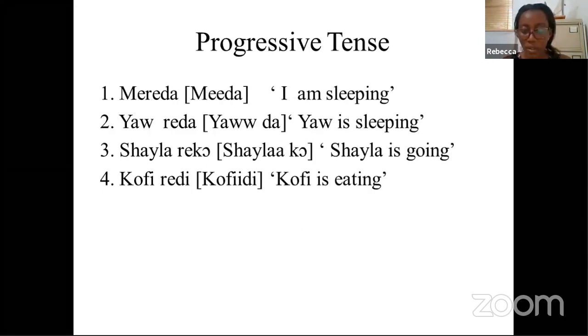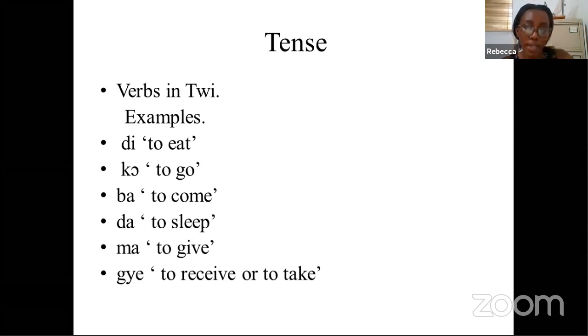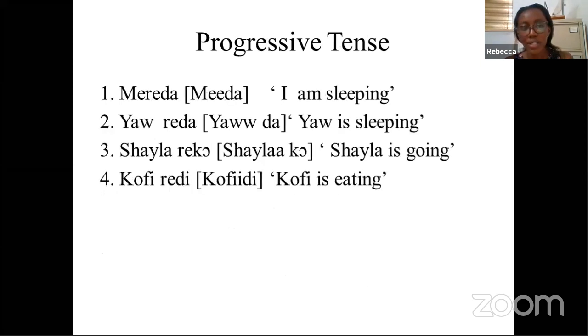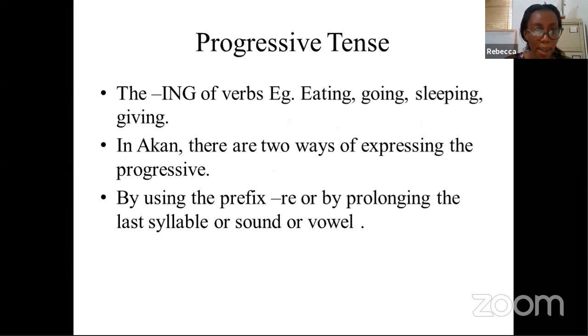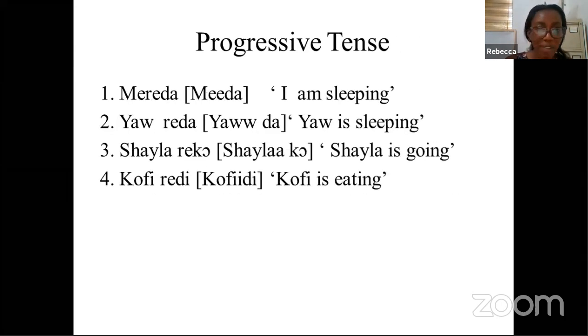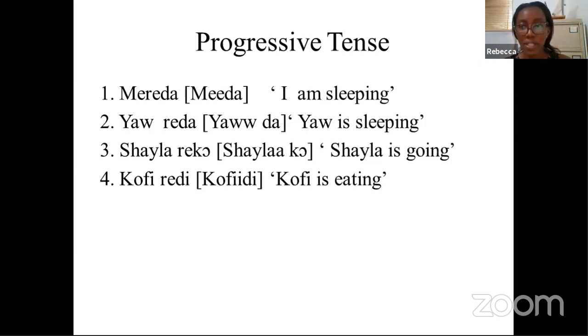Now, in the beginning we looked at some examples of verbs. So let's take da, to sleep, and use that in the progressive tense. We have the prefix re and the verb da. As I told you earlier, we have me, which means I, then re, which is the progressive, and da, which means to sleep.